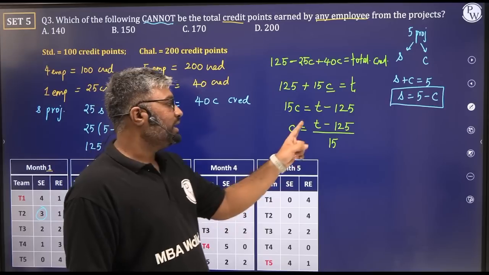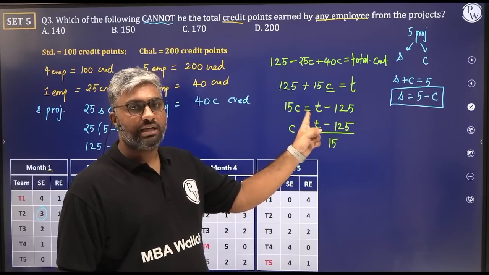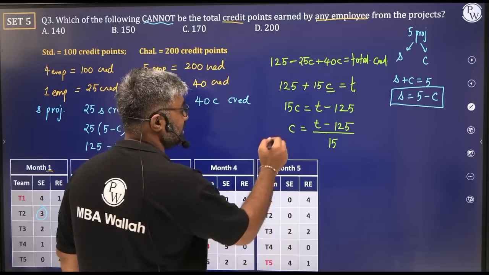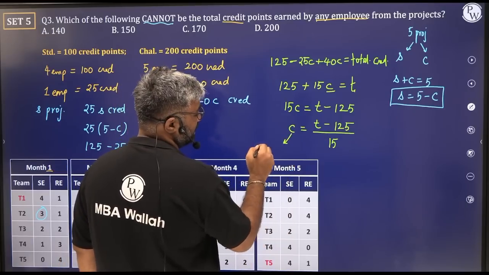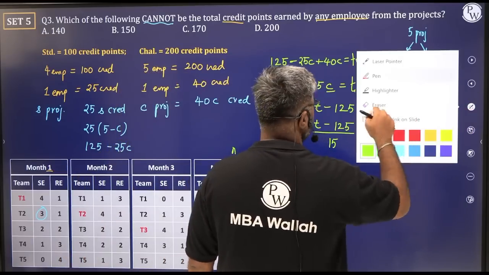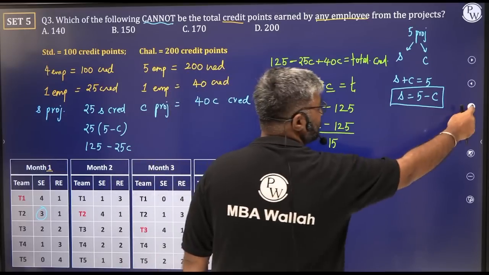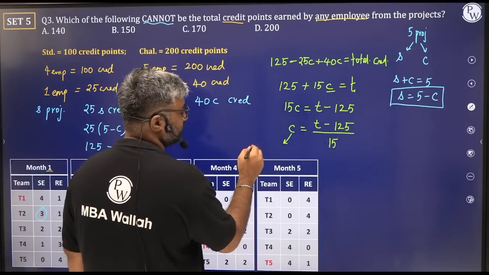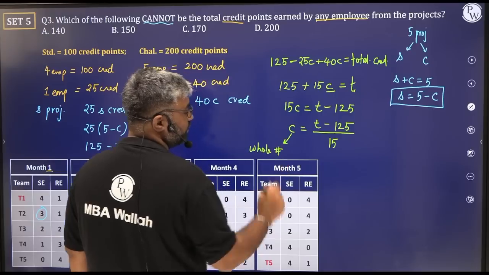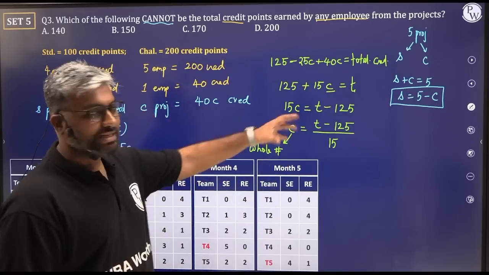So once you subtract 125 from T, that number should be divisible by 15, because C has to be an integer, a non-negative integer. Let's write it as a whole number. C has to be a whole number for sure. This is our condition.